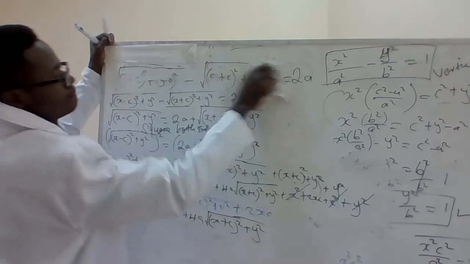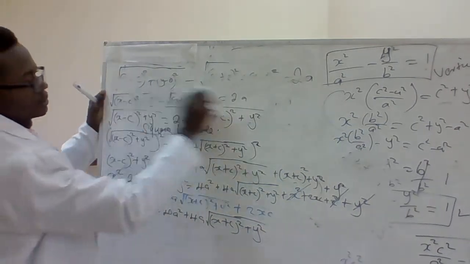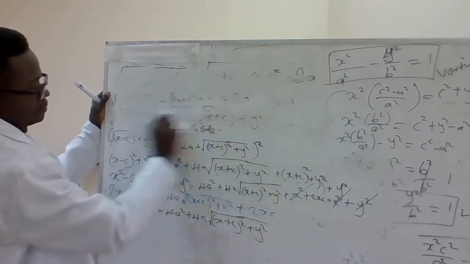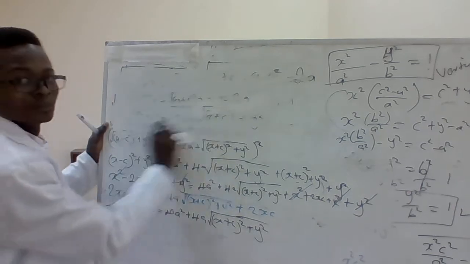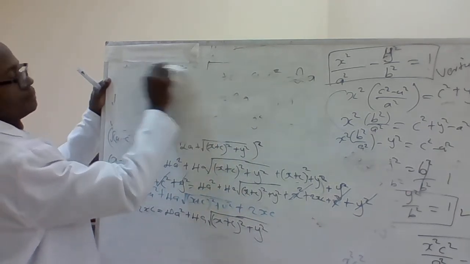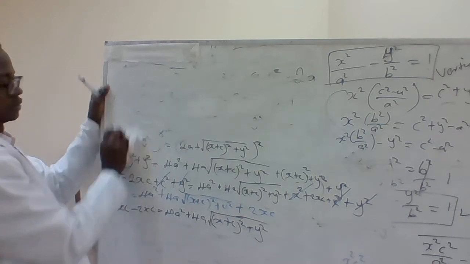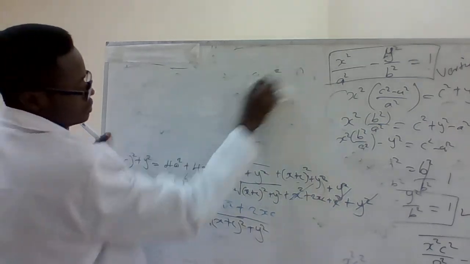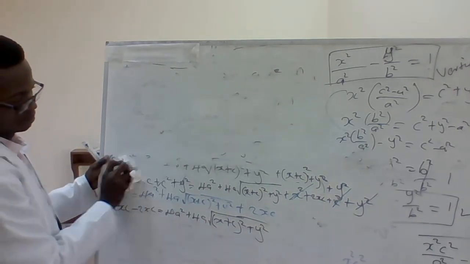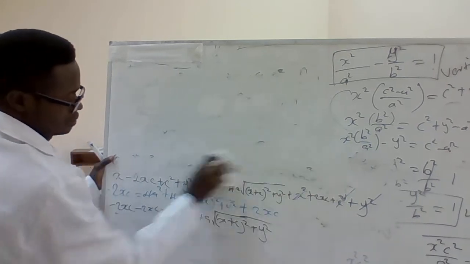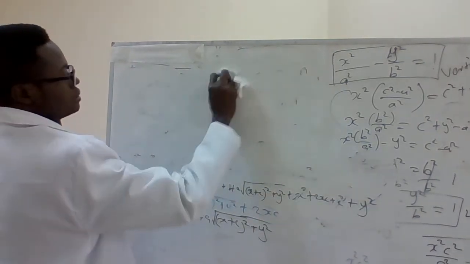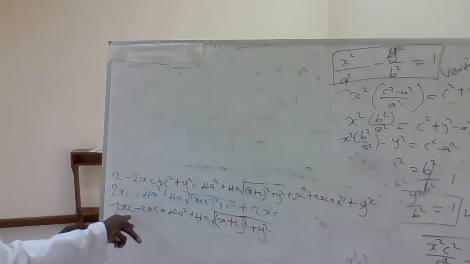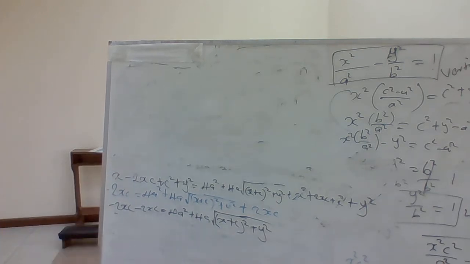From here now, we can actually do something. So now we have minus 2xc minus 2xc.